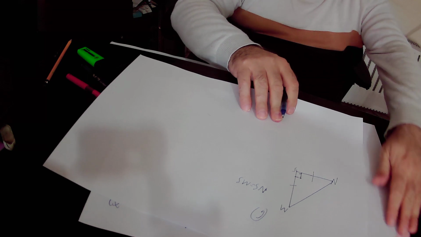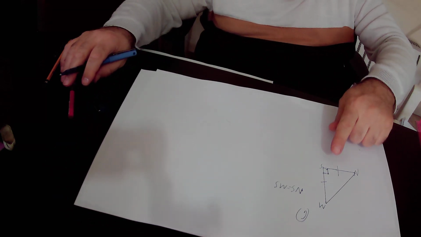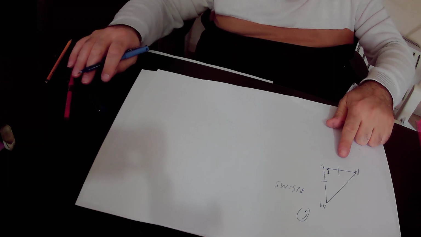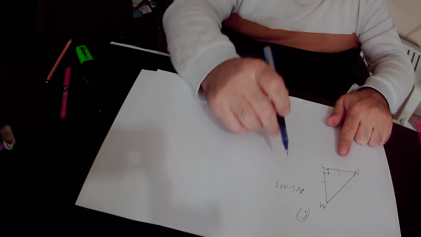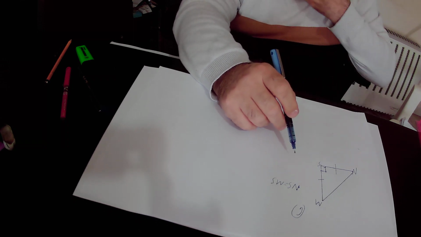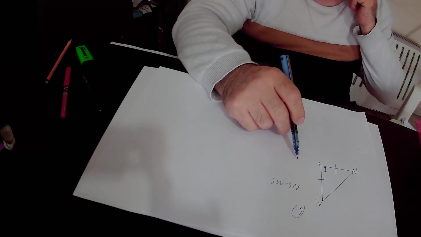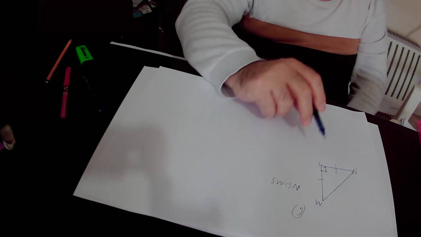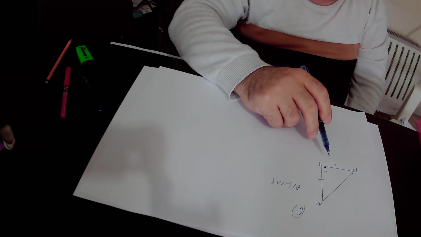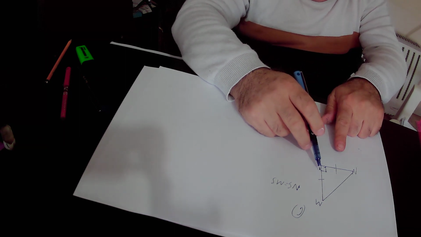So this is triangle MNS. It is a right triangle. This angle equals 90 degrees, and we know that NS equals MS. In front of equal sides, there are equal angles.